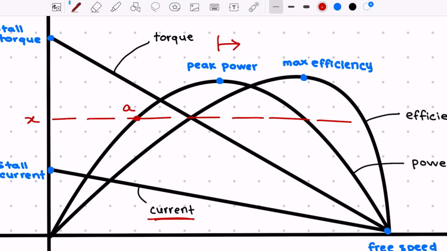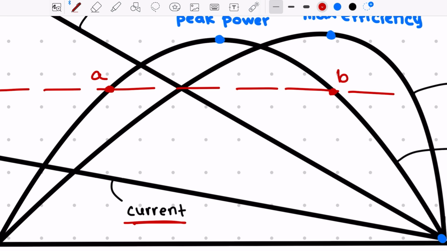One is point A, and the other is point B. Now, a huge difference between these 2 points are the electrical power required for them. So here at point A, you can see that the electrical power is significantly more than at point B. So essentially, once you go to the left of peak power, the motor is drawing more electrical power just to produce the same or even less mechanical power.